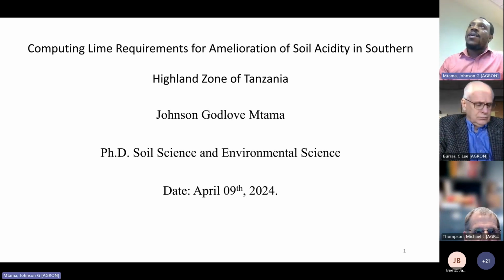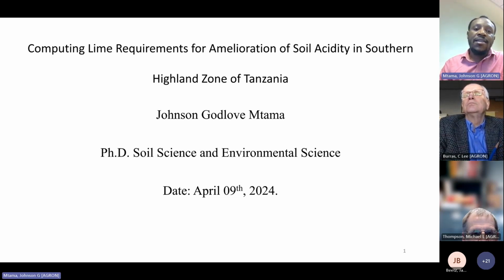The other keyword is lime buffering capacity. Basically, the measure of the amount of calcium carbonate required to raise the soil pH by 1 unit. It's expressed in milligrams of calcium carbonate per kilogram of soil.